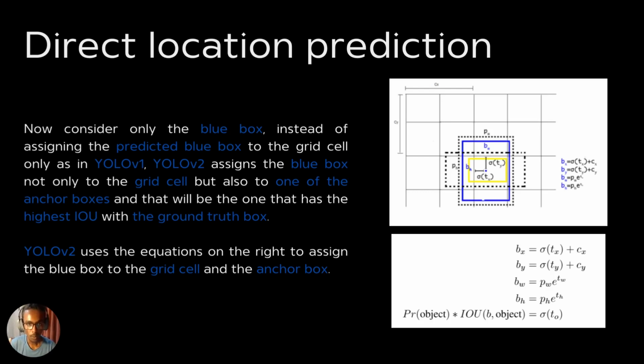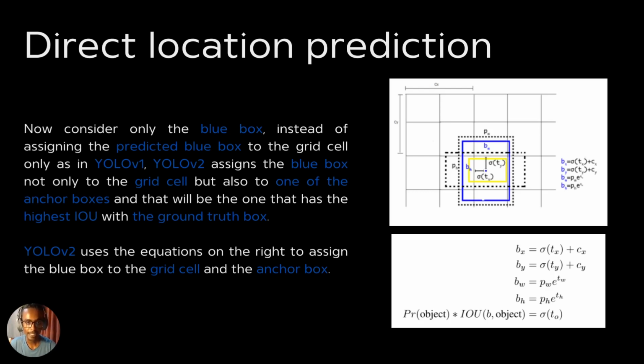So tx and ty are the x and y coordinates. And then we're going to pass them inside the sigmoid so that they can be between the values of 0 and 1. And then we're going to add the offsets cx and cy, because the position of the center point is located, for example, if we consider the top left corner of the image, there is an offset of cx in the x direction and an offset of cy in the y direction.